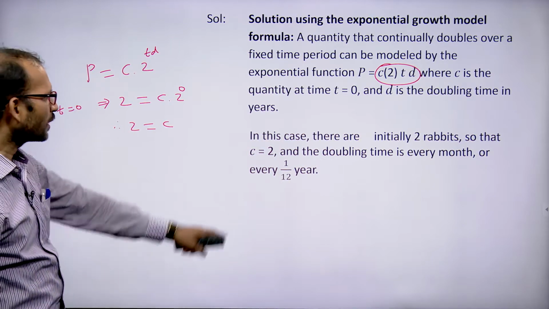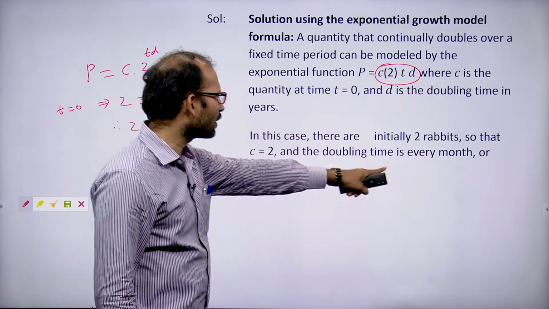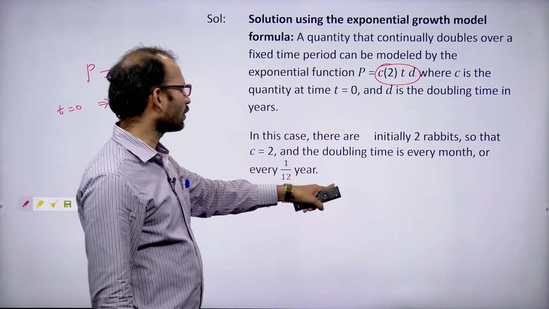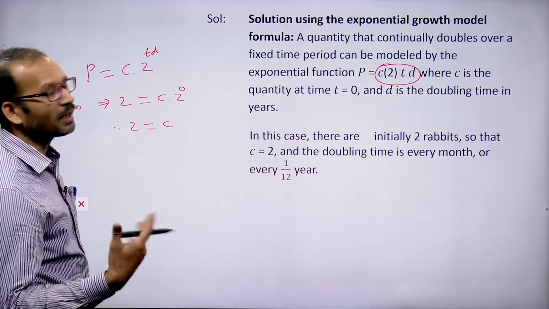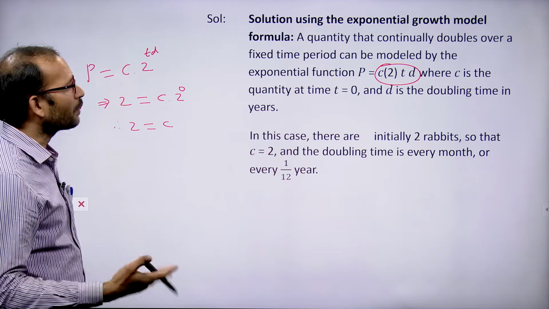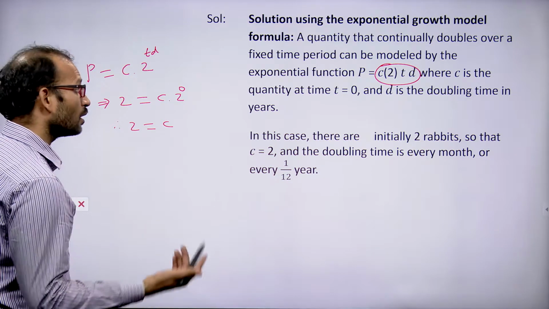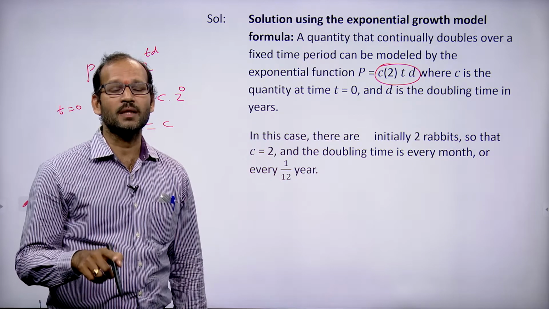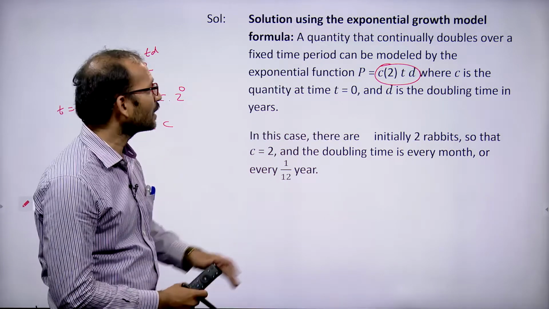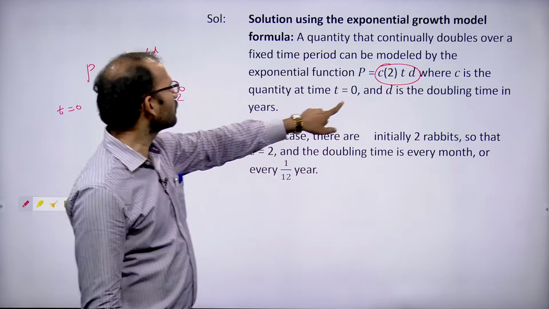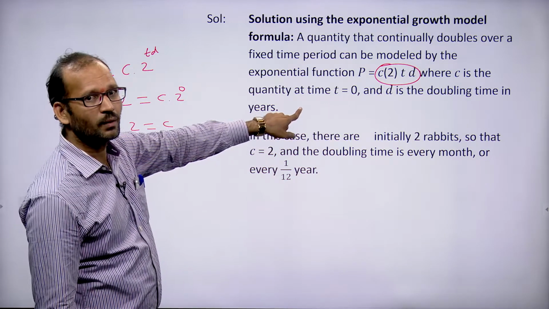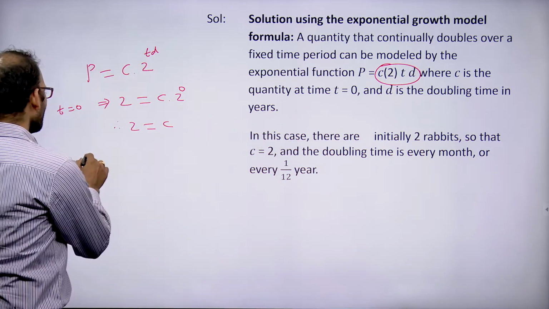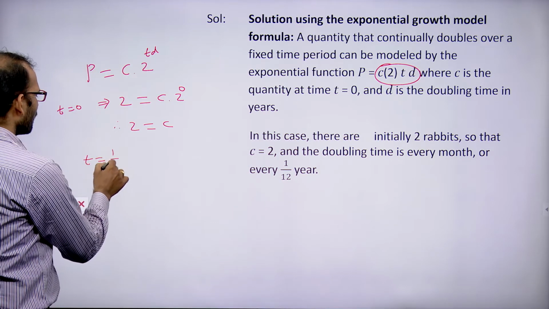Is it okay? And the doubling time is every month, or every 1 by 12th year. Every 1 month the population is doubling, right? In a year there are 12 months, therefore D is 1 by 12, because here we should mention it in terms of years. So D is 1 by 12.